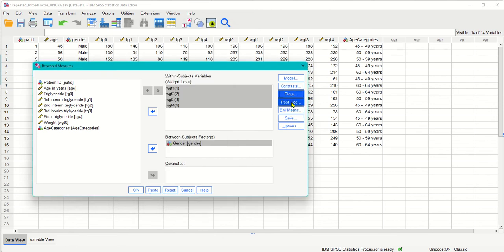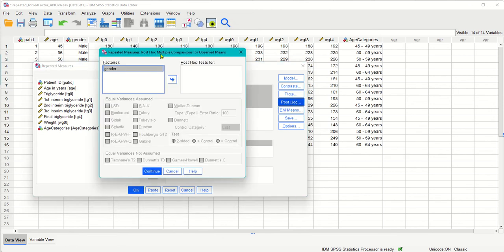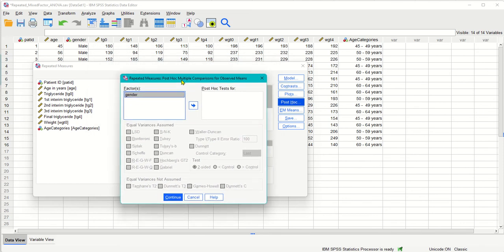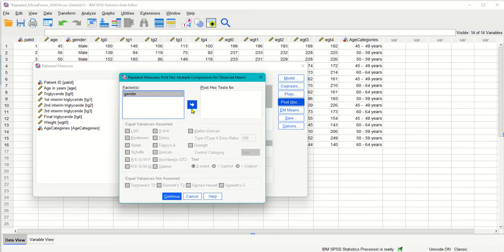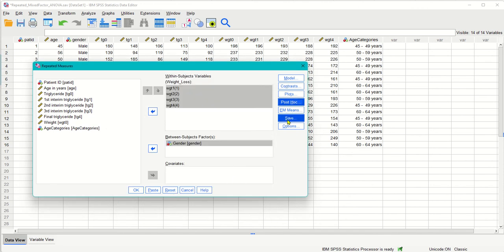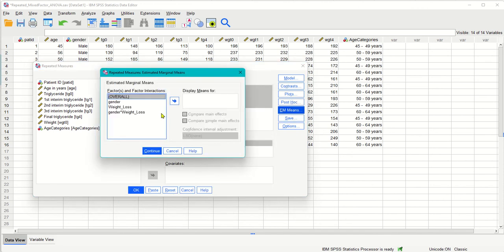continue. And typically, if your between subjects factor has more than 2 levels, you would perform post hoc tests, so you can tell which levels are different from the others. In this case, we only have 2 levels, so we wouldn't perform a post hoc test for that. And then click on the means, and we want to display the means for the gender and weight together and produce simple effects.